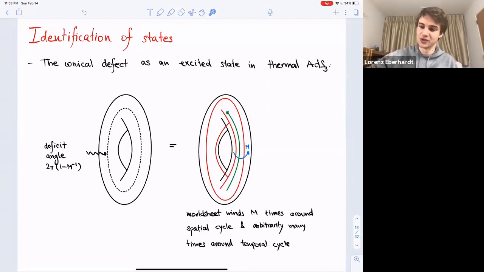So this is a physical interpretation. I cannot play the same argument as before with the high energy limit. And so what I would argue is that the vacuum of this conical defect is the configurations where the string winds exactly m times around the spatial boundary, but it can wind any number of times in the time cycle.